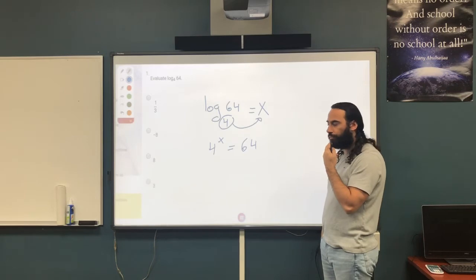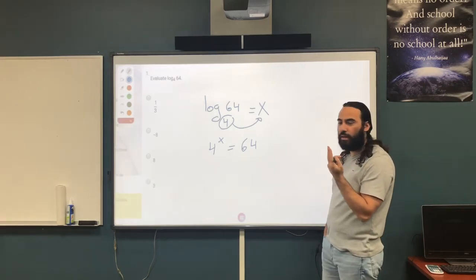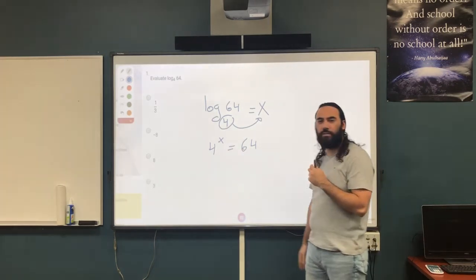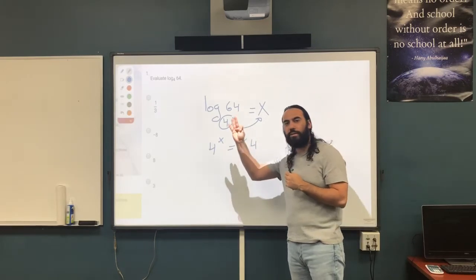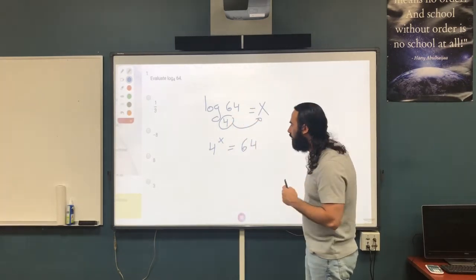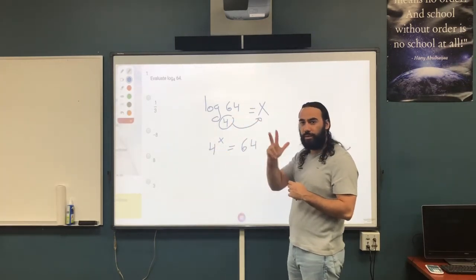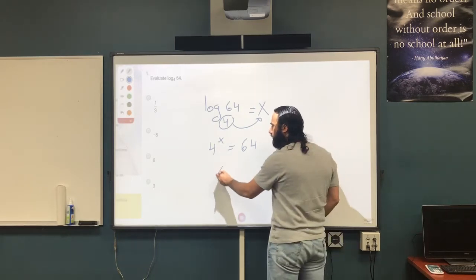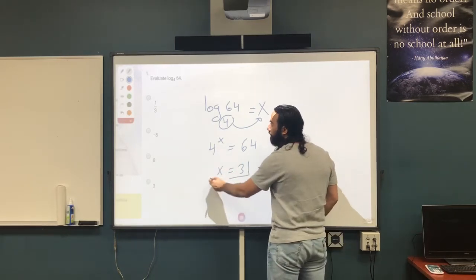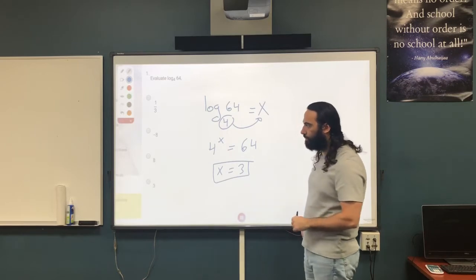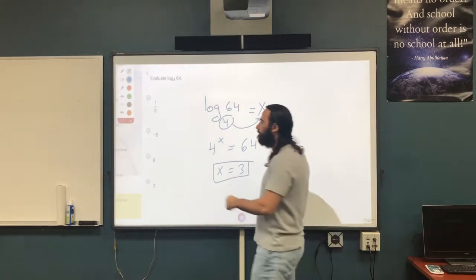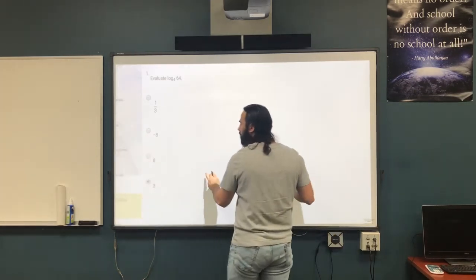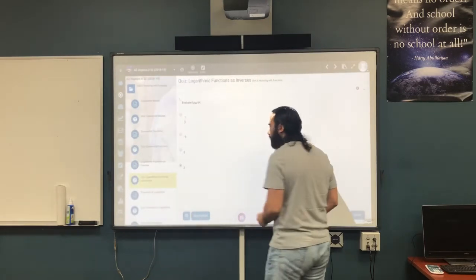So you ask yourself, 4 to the power of how much gives you 64? 4 times 4 is 16, times 4 is 64. So you need to multiply 4 by itself 3 times. It means that x equals 3, and that is the answer.